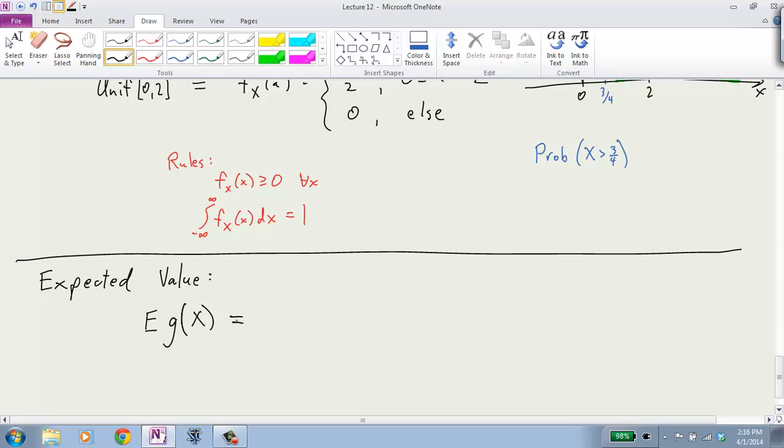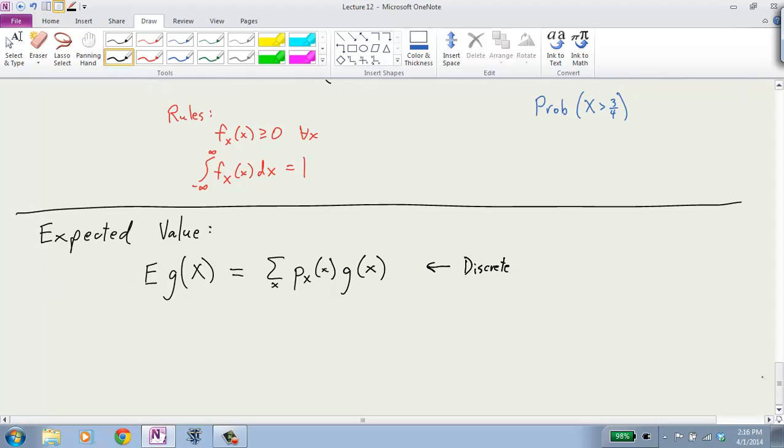It's just a number that describes the distribution of x, and it's the following. It's the sum over x of the distribution of x times that function g of x. It's that simple. Now I've written this for discrete. For continuous, you would change it accordingly. So if it was a continuous random variable, it would instead be the integral.